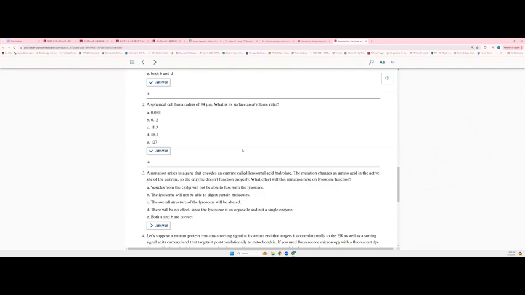But what if something happened and my gene changed? Mutation is called a change in the gene. It may change an amino acid in the active site, so the enzyme doesn't function. What's the effect of the mutation?